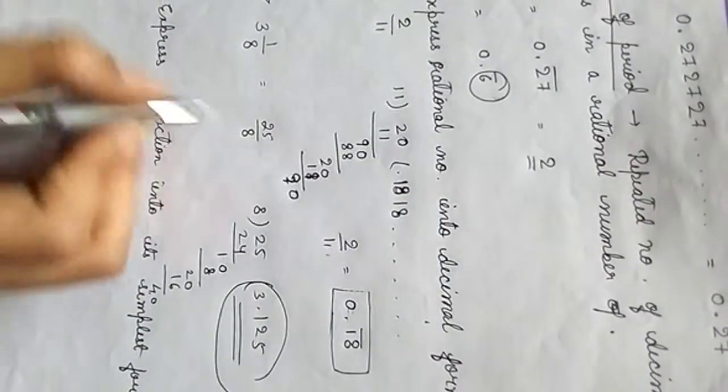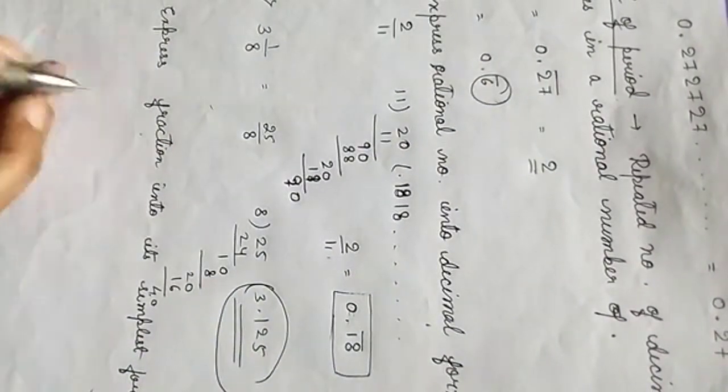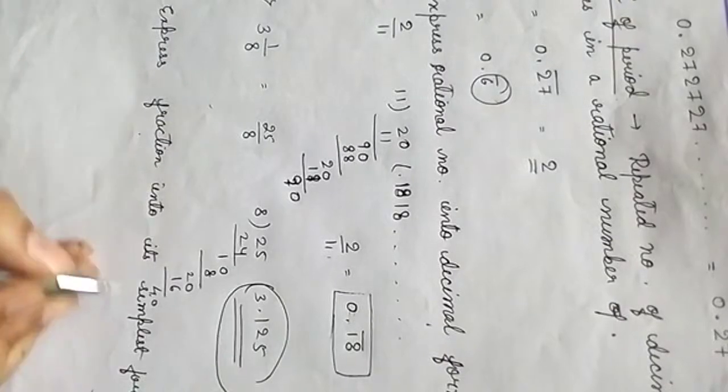Means we have to convert these type of decimal expansions into its fractional or rational, into its fraction or simplest form.